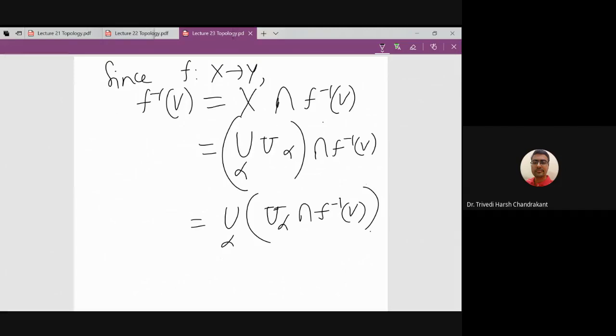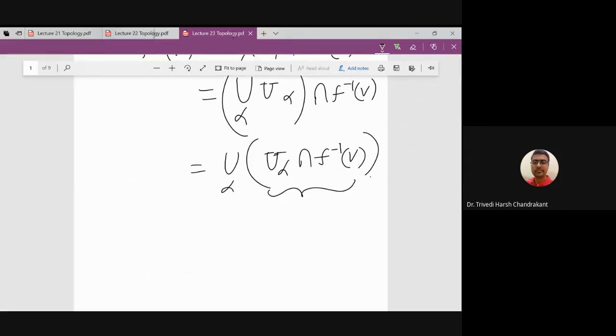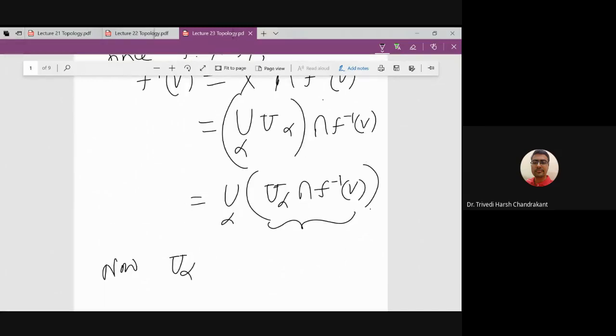Union is distributive over intersection, or intersection is distributive over union. Both are true. So F inverse V is basically this set, and if I can show that this set is open, then F inverse V is open because it is a union of such sets.